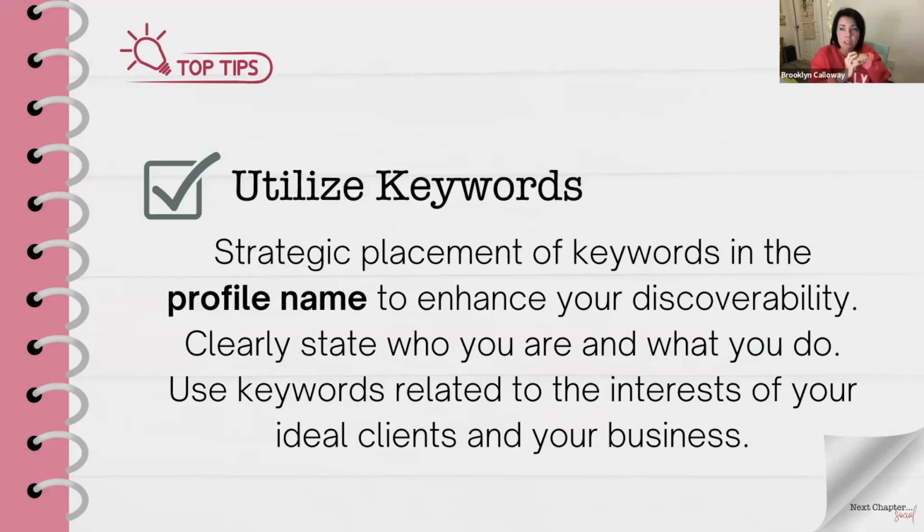And also, don't be too general. So let's say you're a content creator, or let's say you're an organizer of what, right? Pro organizer for high-end closets. Okay, that's specific.